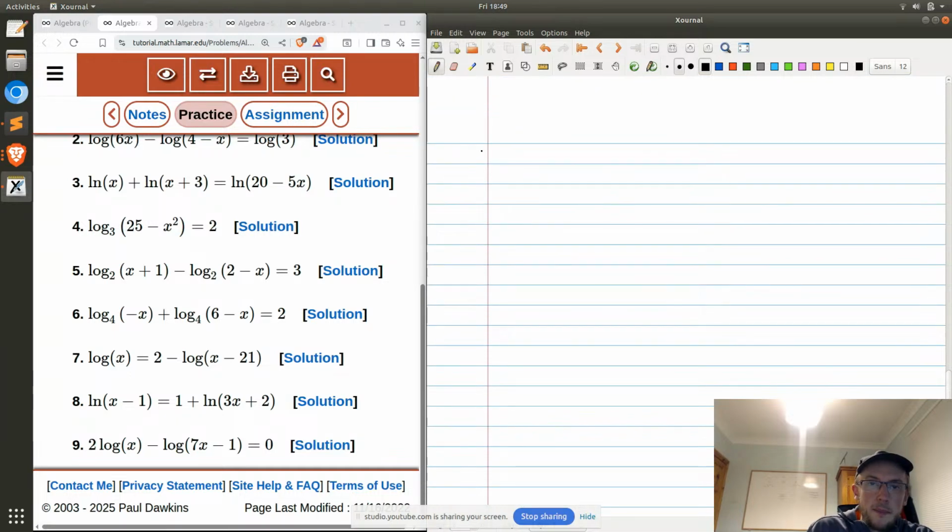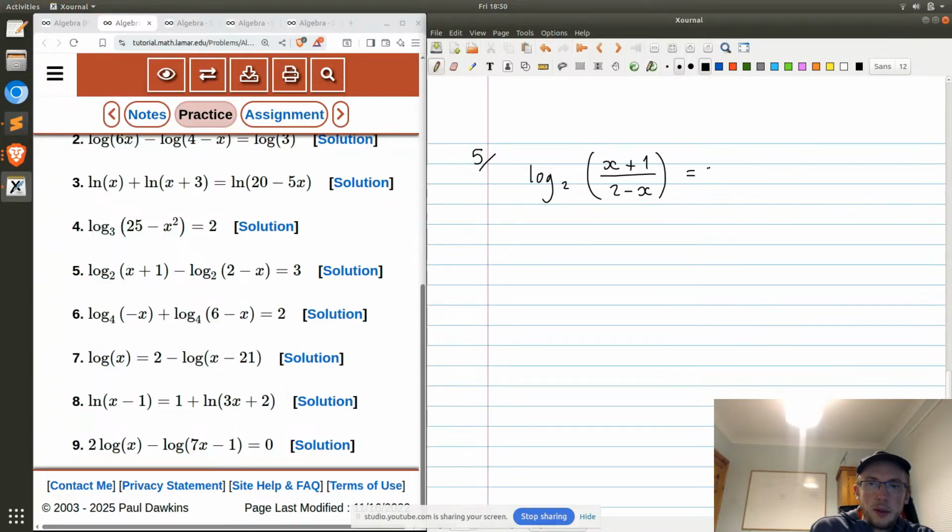5th problem now. Okay. We've got to combine these logarithms. Log base 2 of x plus 1 over 2 take x.